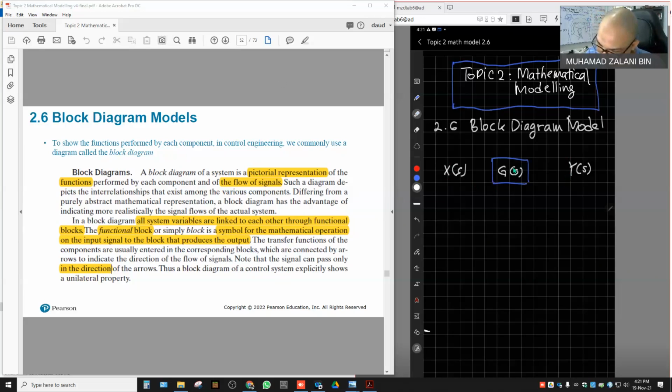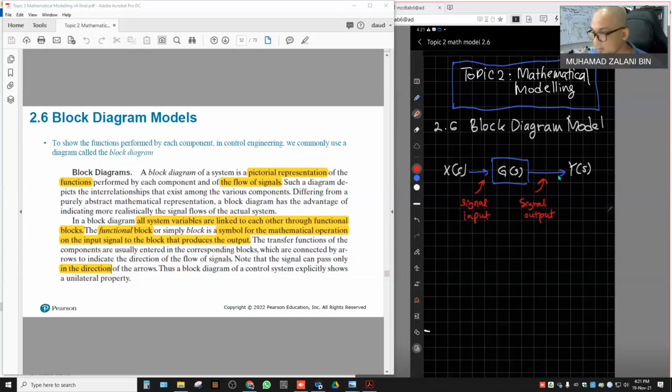And here X(s) will be giving a signal to the G(s), and the output signal will be represented by another arrow here, which is the output Y(s). So this is the signal input, and of course, this is the signal output.